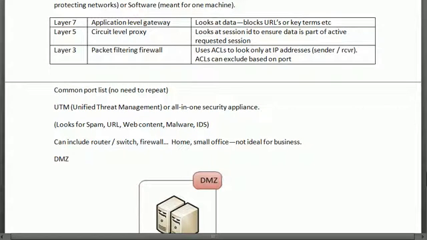It might include an intrusion detection system. So you can buy a device that does all of these different roles as well. And it can also include your switch and so on and so forth.